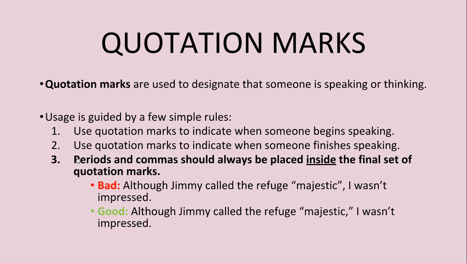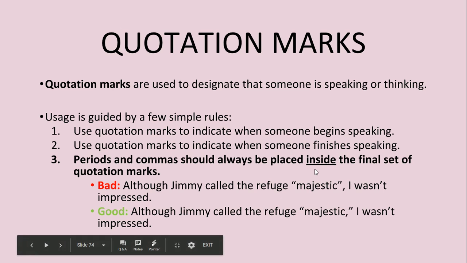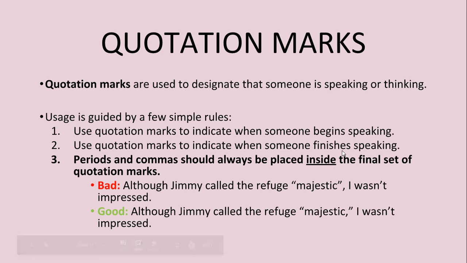And thirdly, and crucially, periods and commas should always be placed inside the final set of quotation marks. Inside, not outside. Many of us, maybe even some of you, when you're writing, often put the punctuation outside the quotation marks, and sometimes I'm tempted to do this too, but that's not grammatically correct.